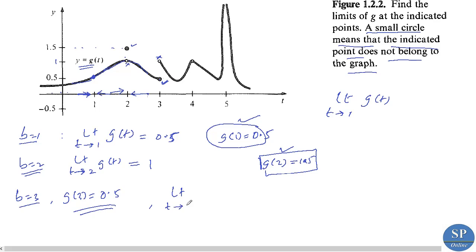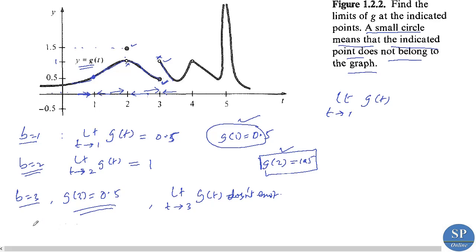Limit t tends to 3, g of t is equal to, as t approaches to 3 from left, the functional value approaches to 0.5, and as t approaches to 3 from right, then function value approaches to this point, so this is 1. So this limit does not exist.